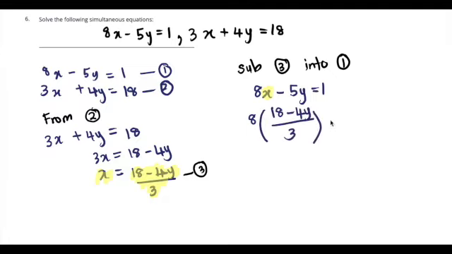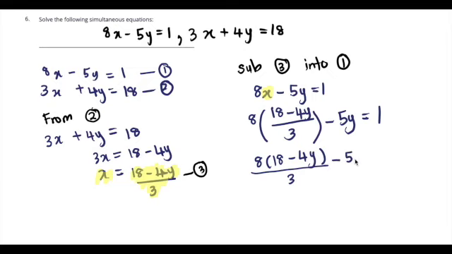Because everything, 18 minus 4y over 3, must be multiplied with 8. That's why we put bracket there. Okay, then we write down 8 times 18 minus 4y, bracket, over 3. I want to eliminate 3 there. So I multiply all terms, each term in this equation, with 3.